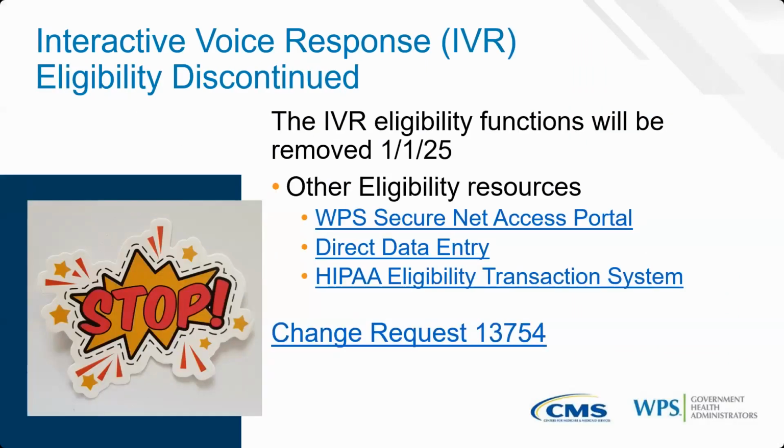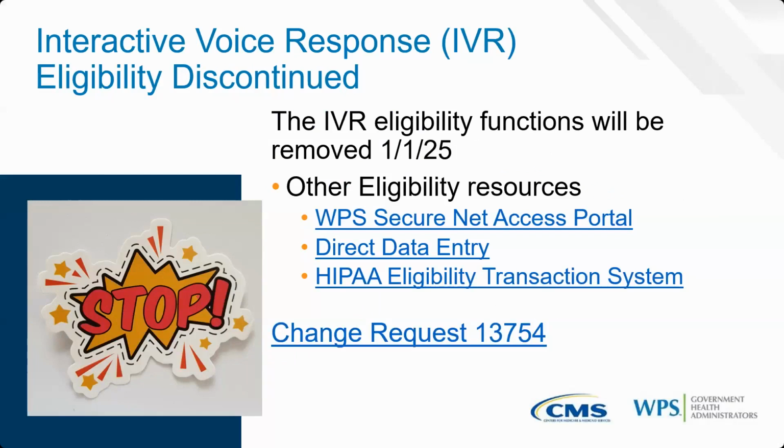Finally, CMS has issued Change Request 13754 titled Disable Beneficiary Eligibility Information for MAC IVR Systems. Currently, users can still access beneficiary eligibility information. However, eligibility will be removed from the IVR on January 1st, 2025.